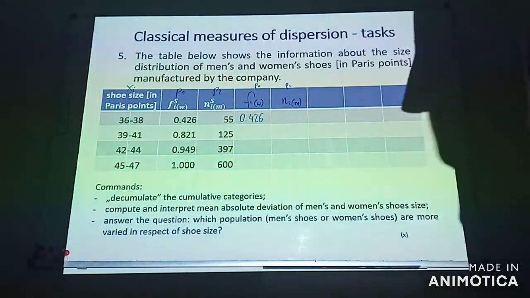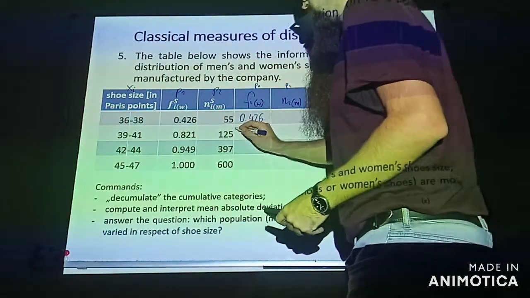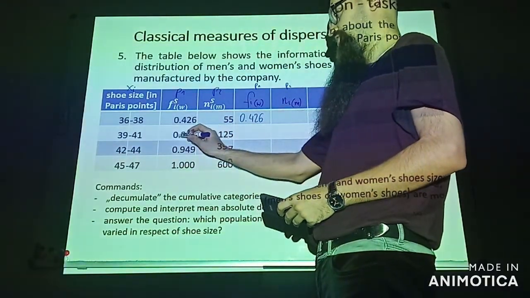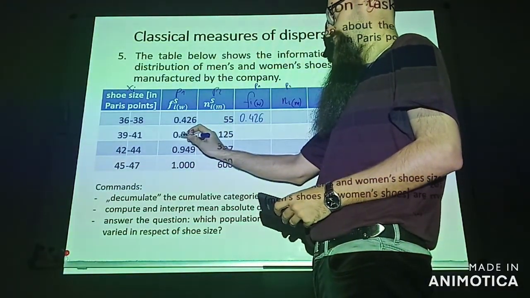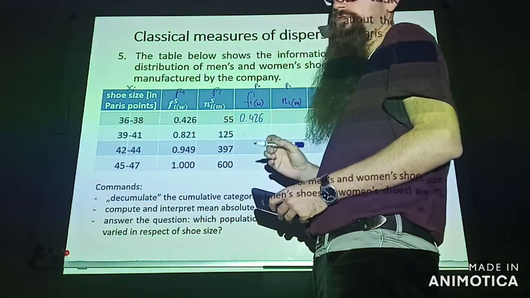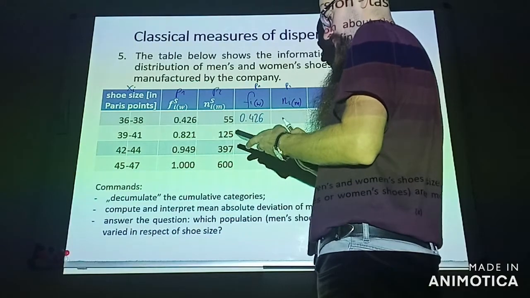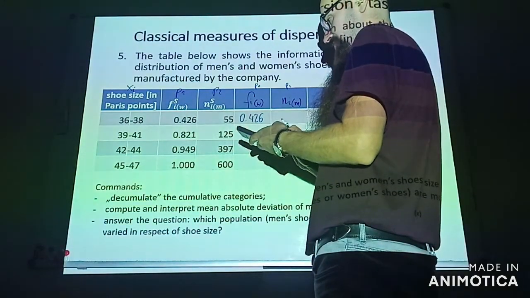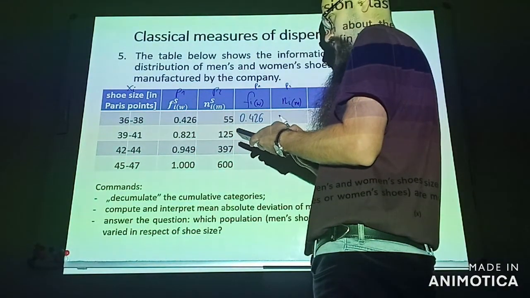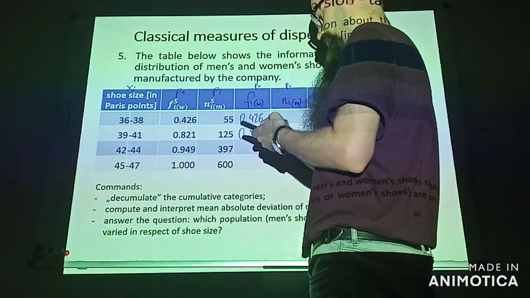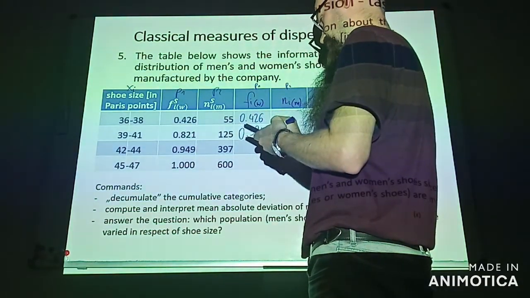The next frequency is a difference between the second cumulative relative frequency and the first cumulative relative frequency, 0.821 minus 0.426. And the final result is 0.395.